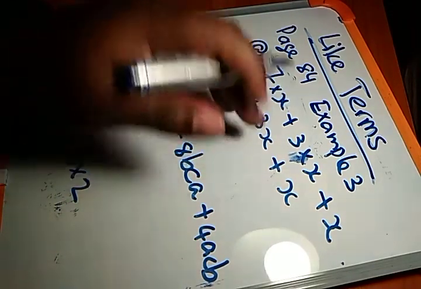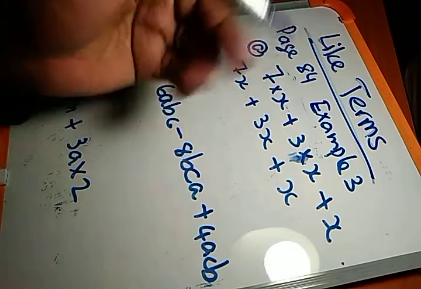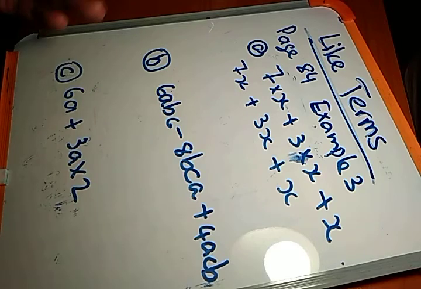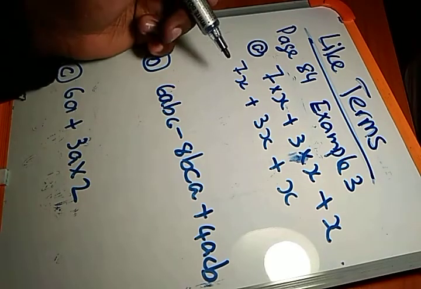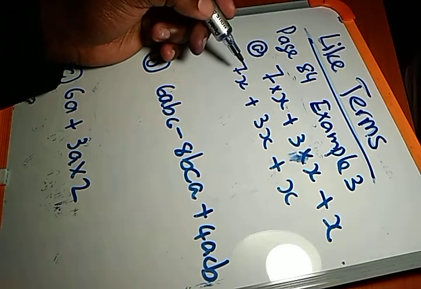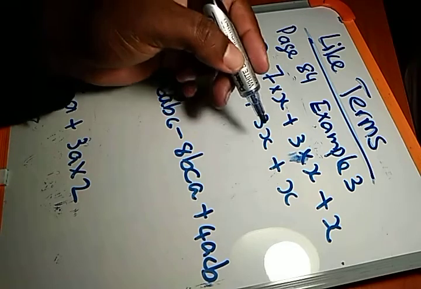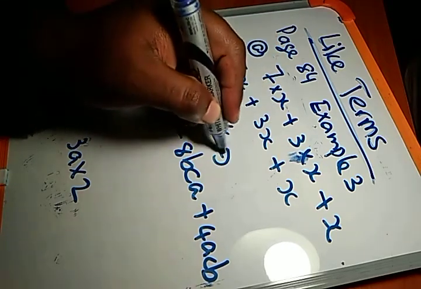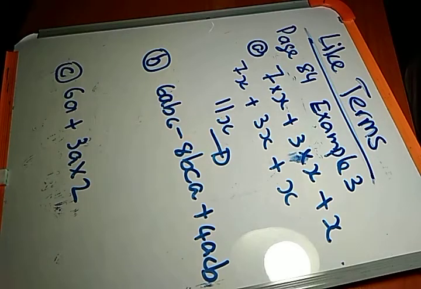So that means we can go ahead and collect them together, like we would with 5 cents coins or whatever else is there, as long as it's alike. So 7x plus 3x plus x would be 11x. That would be our final answer. We've collected like terms.